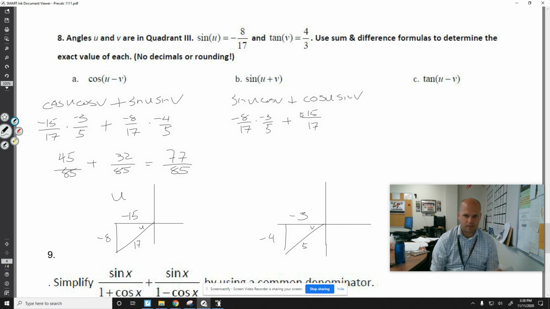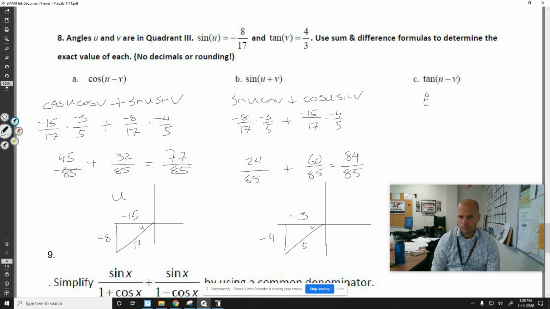One thing about the AP test is the arithmetic is usually not this intense. It's like using 3, 4, and 5, those kind of numbers. Sine V, negative 4/5. So again, this is 85ths. This is going to be 24 85ths plus 60 85ths. Combine those, 84 85ths. Look at that. That's nice.